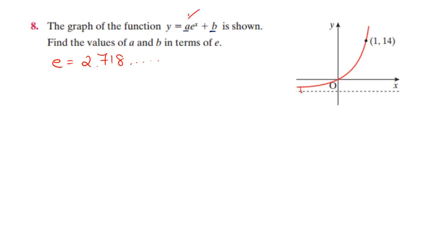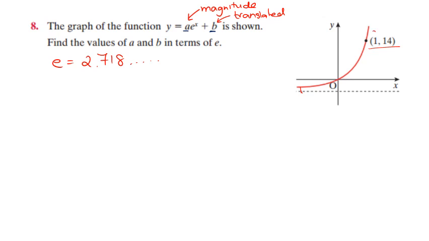Remember that a changes the shape, it changes the magnitude. It's going to rise a lot quicker depending on what a is, if a is bigger than 1. And then here, b is how it's been translated, so how it's been moved up or down. But both of those can have an effect on the y-intercept. If we have a look at the graph, we have been given a coordinate, 1, 14.